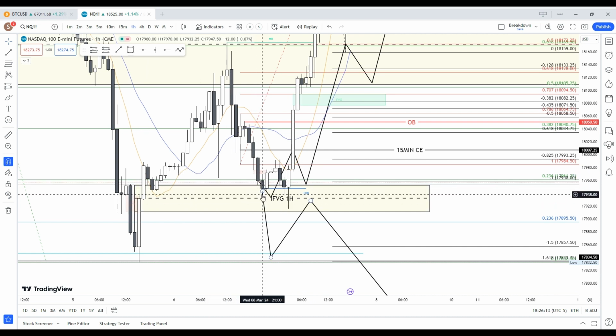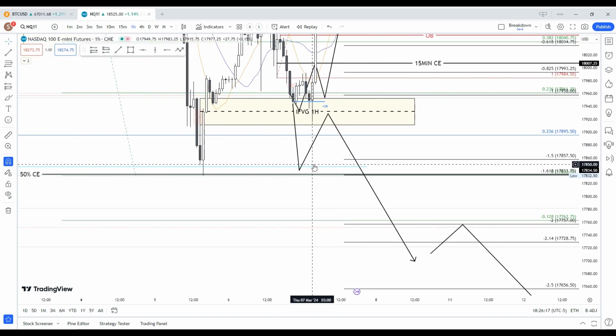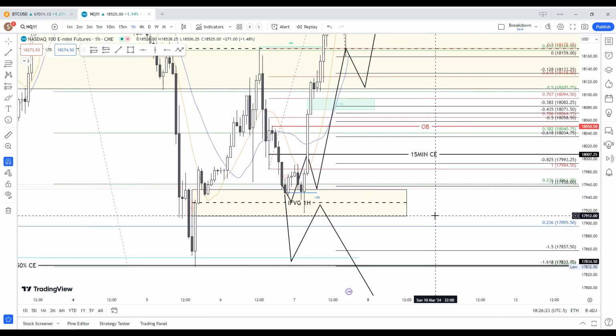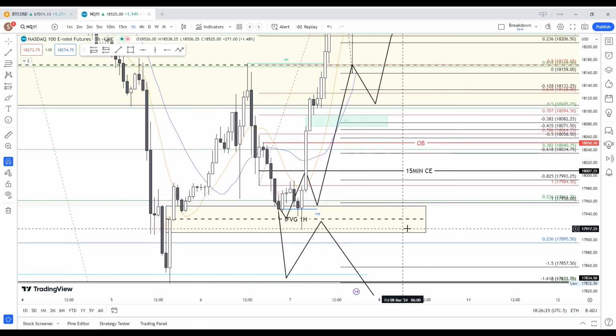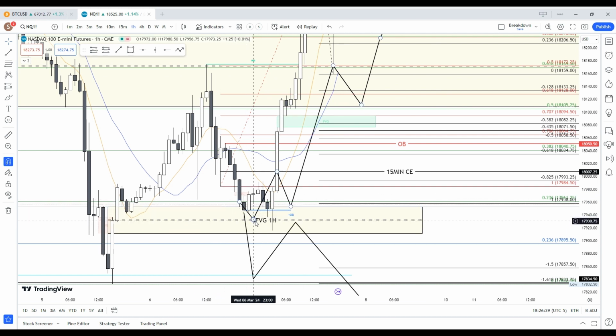I said if we break through that with displacement, come back and retest here, that would be the low risk short, stop above here. I also drew this path on the long side and said if this holds, I would look for a long within here. Let's break that down even a little more.